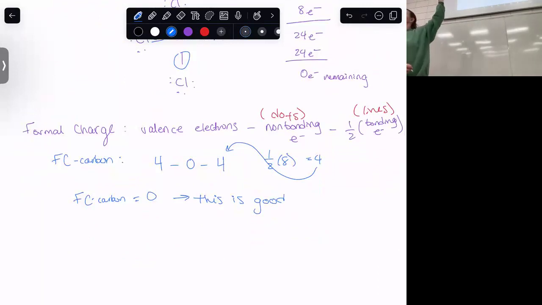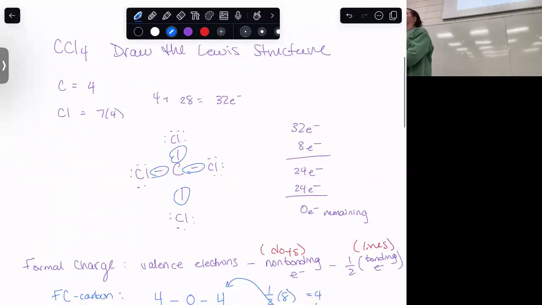So if you find the formal charge of 1 chlorine, it's going to apply to all of the other ones in our system. So for the formal charge of chlorine, how many valence electrons does chlorine have usually? 7. How many non-bonding electrons does it have?